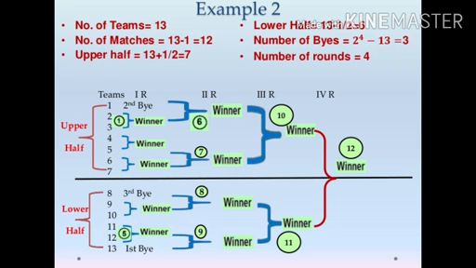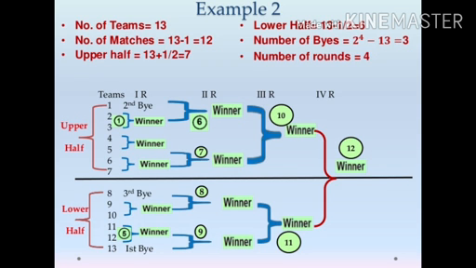Now the number of matches. The formula is n minus 1, which is equal to 10. Now what will we do? We will write the numbers from 1 to 11.